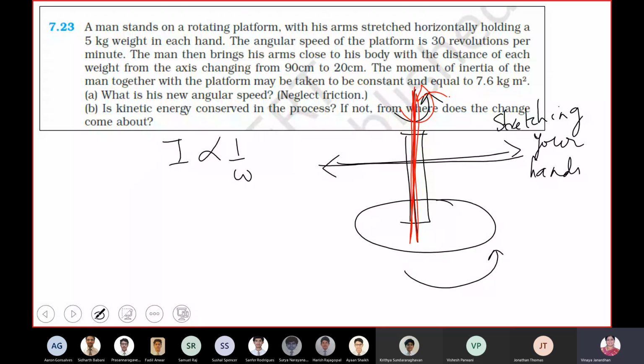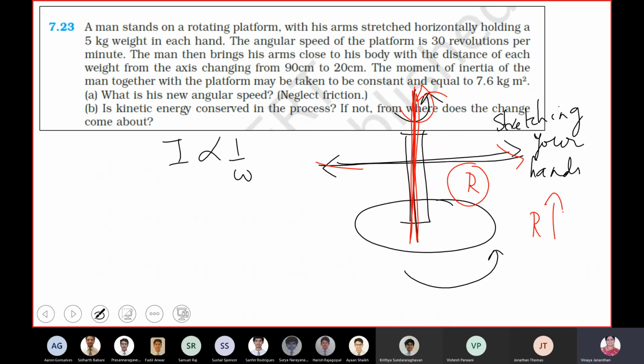When you're stretching your hands, your mass is distributed through your hands also. So when you stretch your hands, your body mass is distributed away from the axis of rotation, which means R is going to increase.